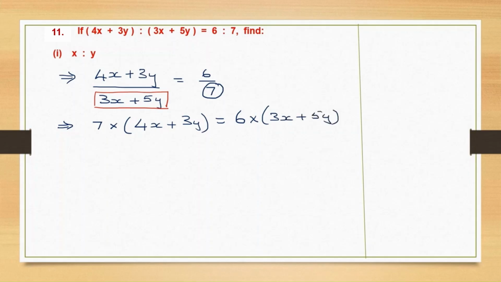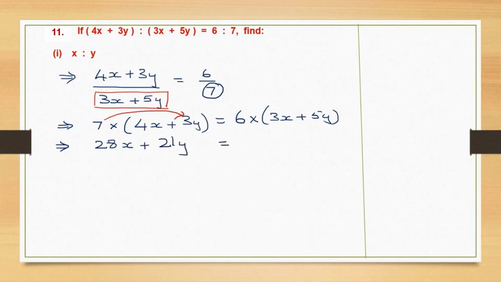Now let's work this out. 7 into this means 7 into 4x first. 7 4s are 28 and that becomes x. So we finished with 7 into 4x. Now let's multiply 7 into 3y. So that will be plus 7 3s are 21, 21y.